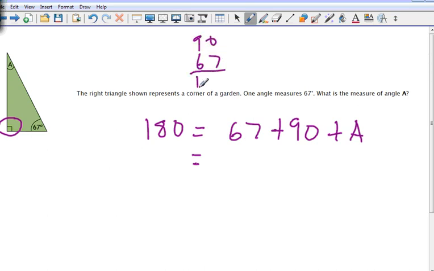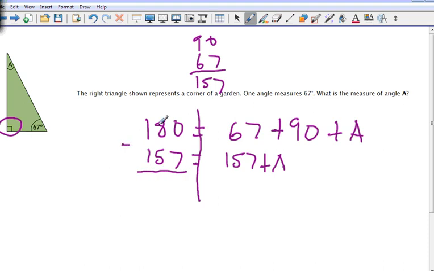We're going to get 157 plus A. That's their sum altogether. We've got to find the difference now in terms of the 180 degrees. So I'm going to subtract it. The missing value is going to be 23 degrees.